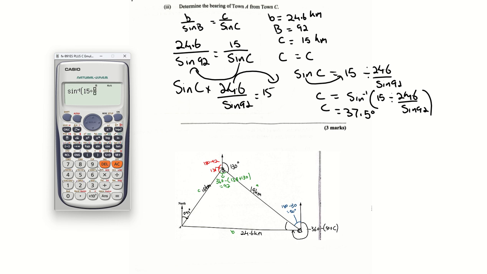Let's put it as a fraction. 24.6, press this here, go down, sine 92, and then close bracket. Press equal. Oh, maybe it's that fraction part.